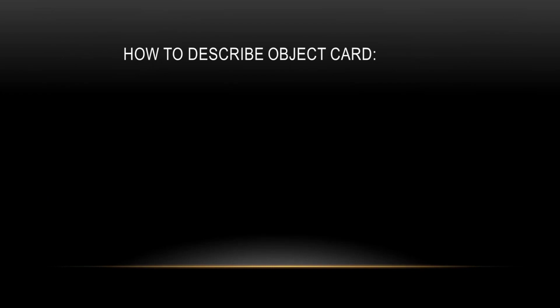How to describe an object card. The following questions need to be answered to describe an object card. In your cue card, you will have some questions. When you enter the examiner's room, he or she will give you a cue card, and under it you will have some questions, more or less the same as these.